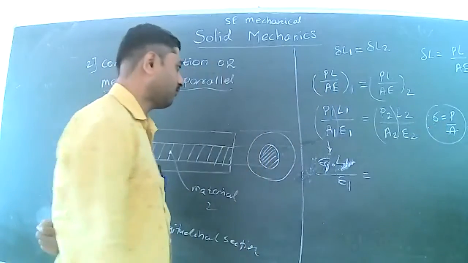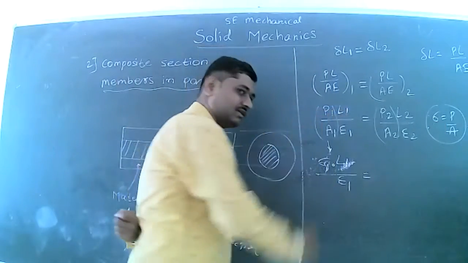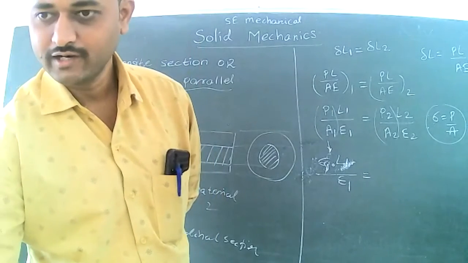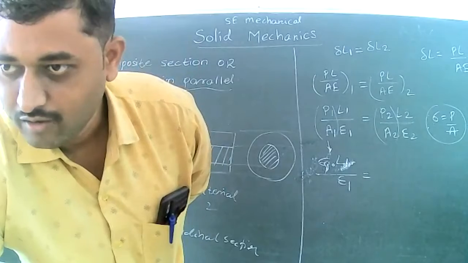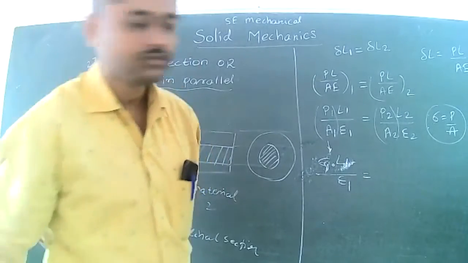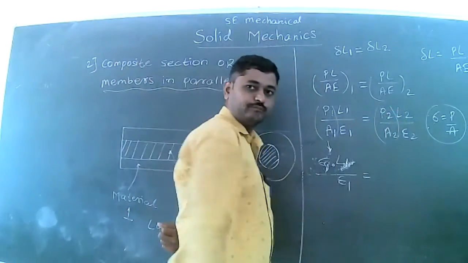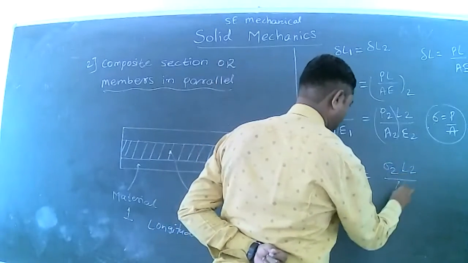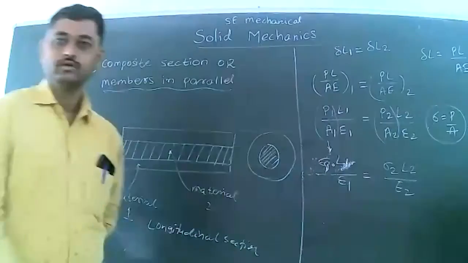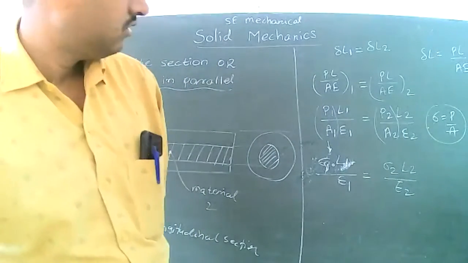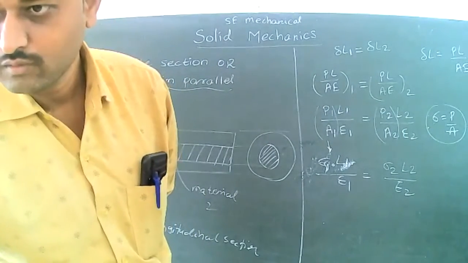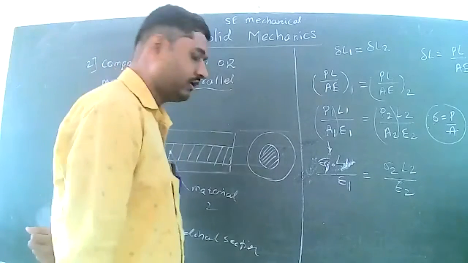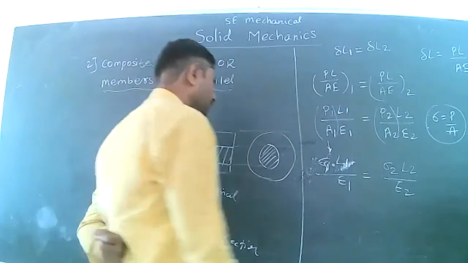Stress is equal to load applied upon area: for the first material it is sigma 1, and for the second material it is sigma 2.